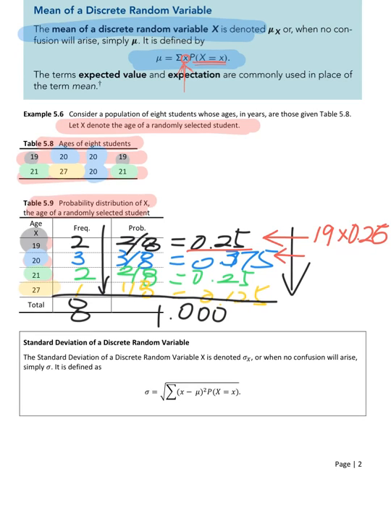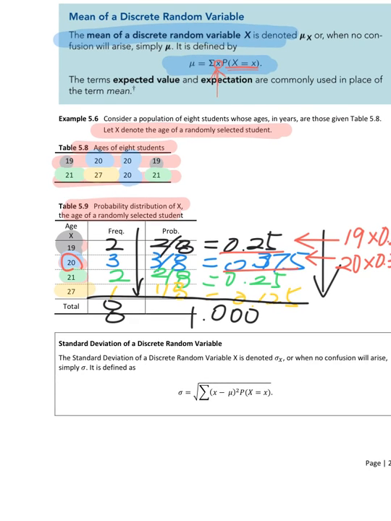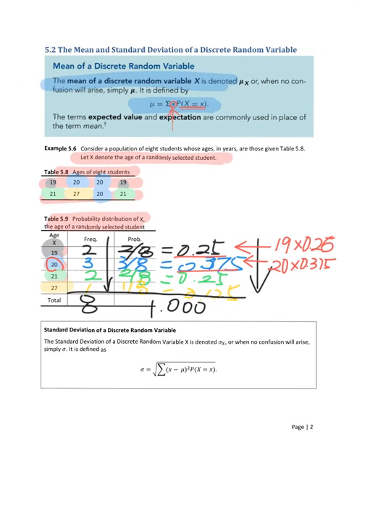Separately, take another age, the second one, 20, times, how much was the probability for age 20? 0.375. So we can take the multiplication for each. Next one, 21 times 0.25.